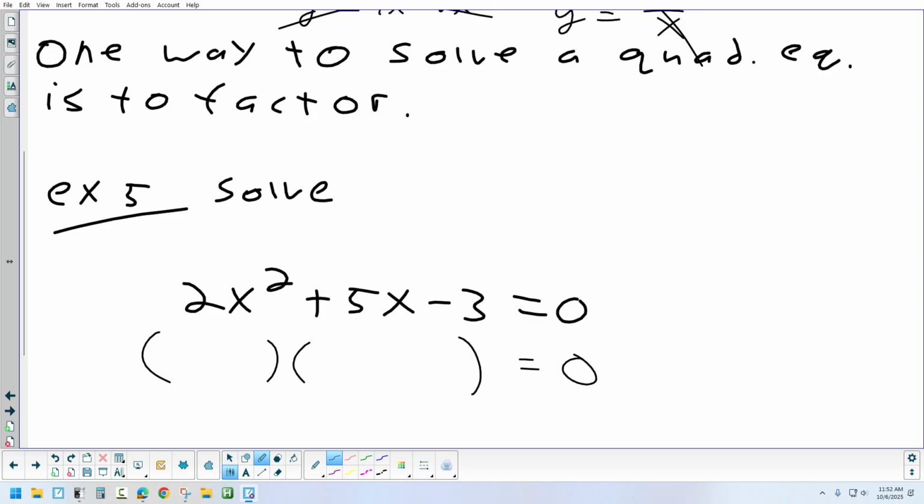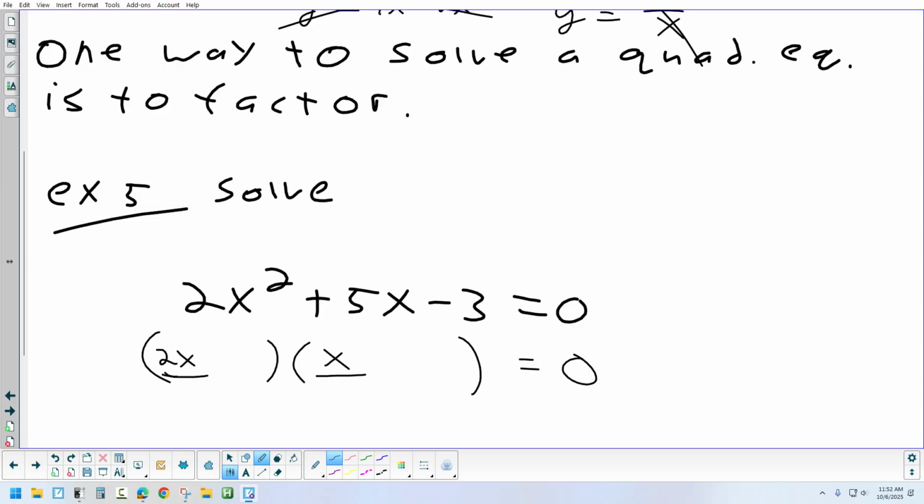And then you've got to figure out the first term here and here. What are 2 things you can multiply together to get 2x to the second power? 2x. Perfect. 2x and 1x.